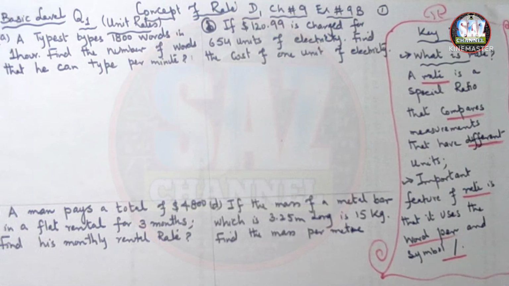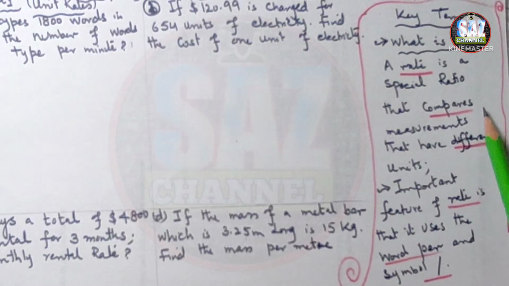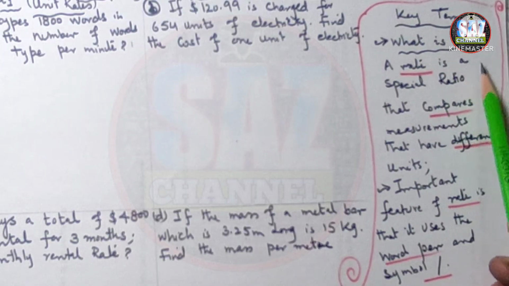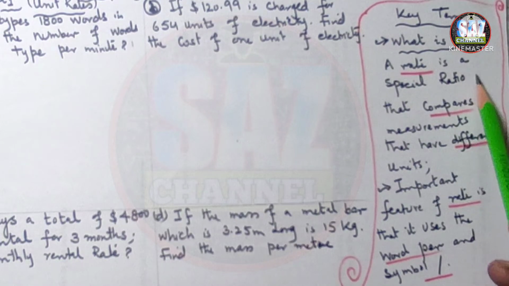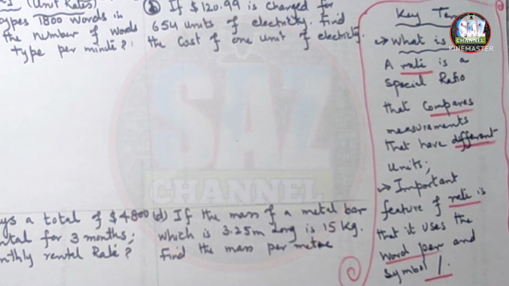This is my first lesson of D1, chapter number 9, exercise 9b, that is about the rate. In this class, we'll be learning what a rate is and what the difference between rate and ratio is. From my previous lesson, we can see that ratio is the comparison of two quantities of the same kind, but a rate is the comparison of two or more quantities of different kinds.